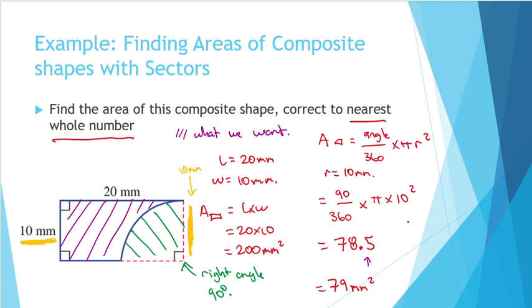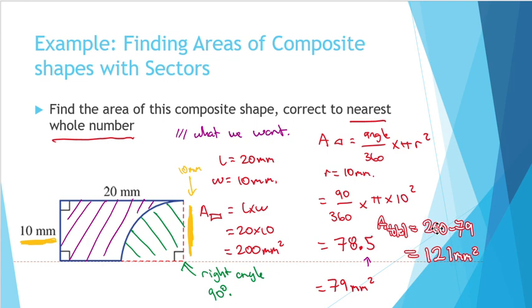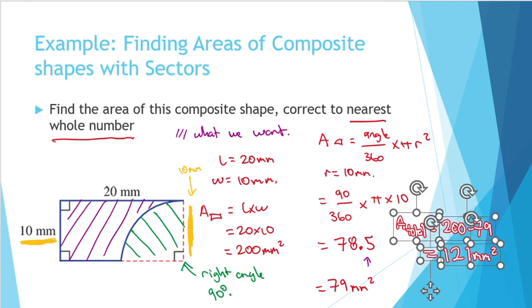So A total equals 200 minus 79, which equals 121 millimeters squared.